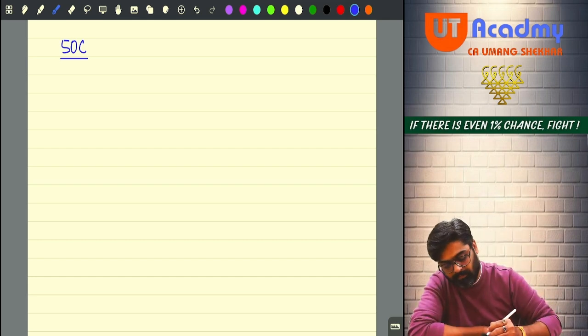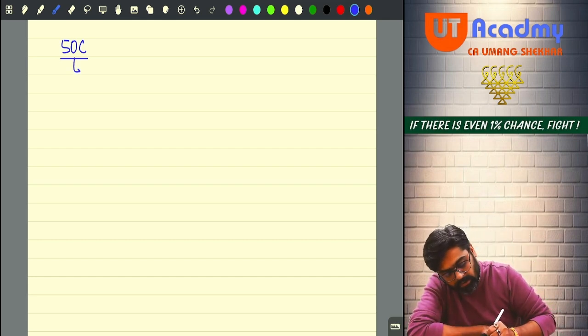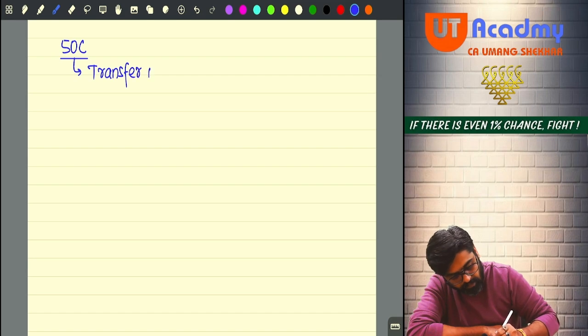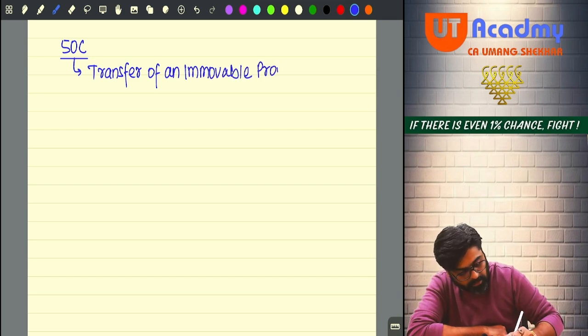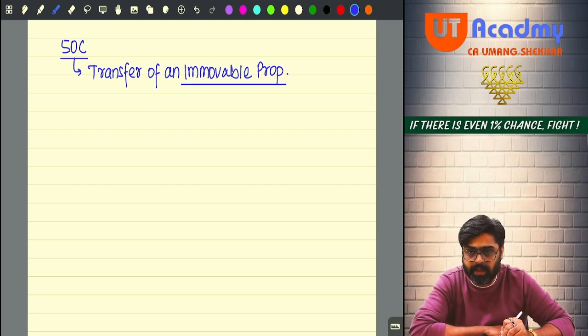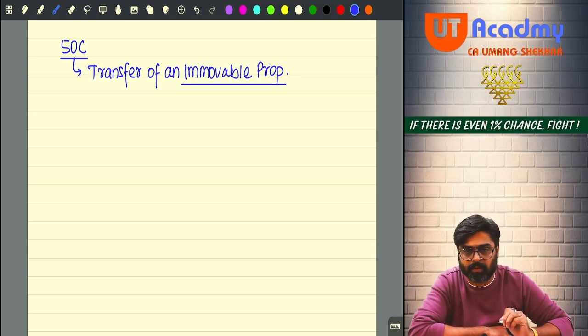See what they are saying, that if an assessee has transferred an immovable property. Sir, what is this immovable property, sir? Immovable property means any land or building or land and building. But wait, rural agricultural land is not covered here.